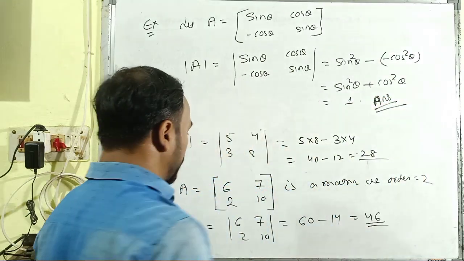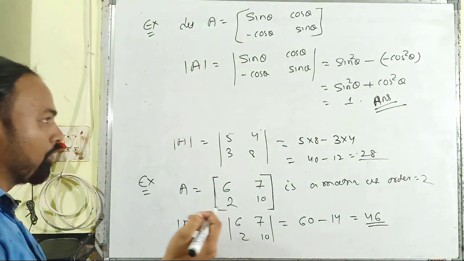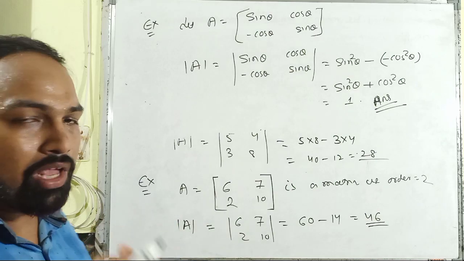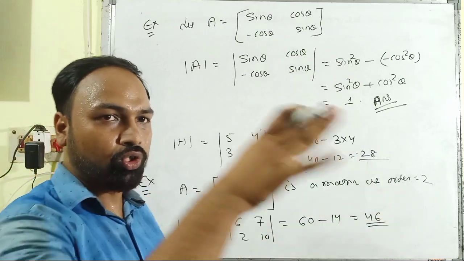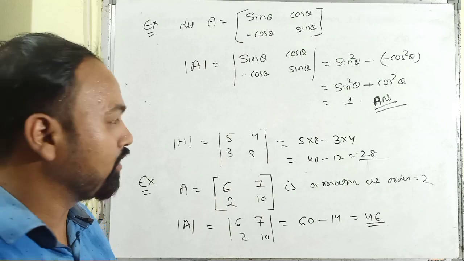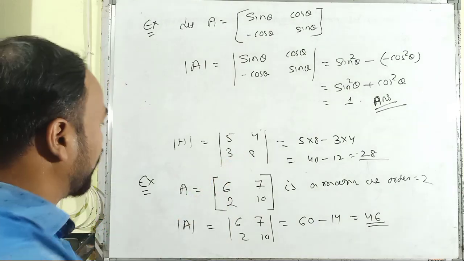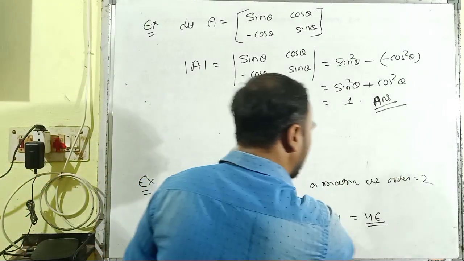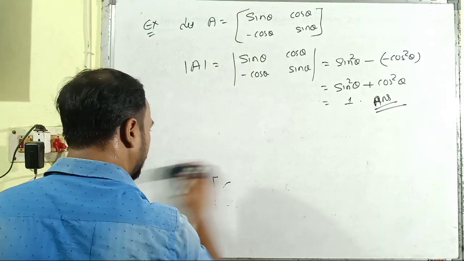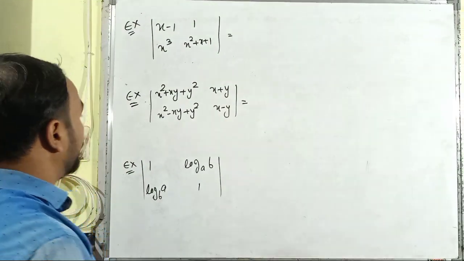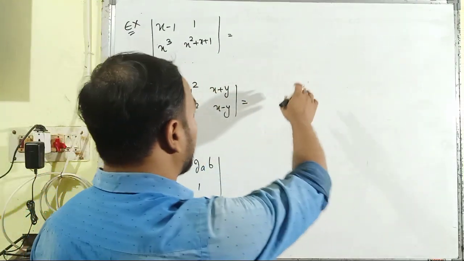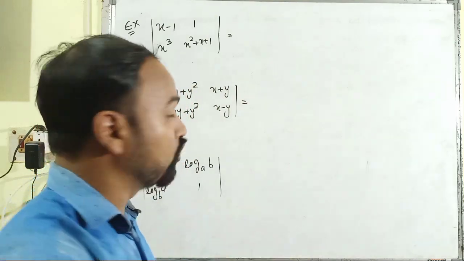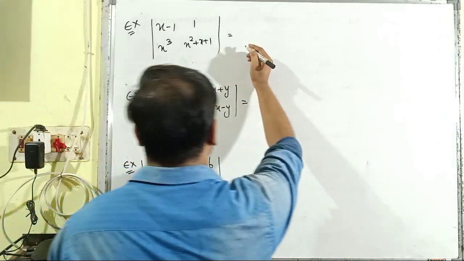So these are some of the simple problems based upon the determinant of a square matrix of order 2. Let us go through some of the important problems based upon this fundamental. Here is one of the most important examples based upon the determinant of a square matrix of order 2. Let us find out the determinant.